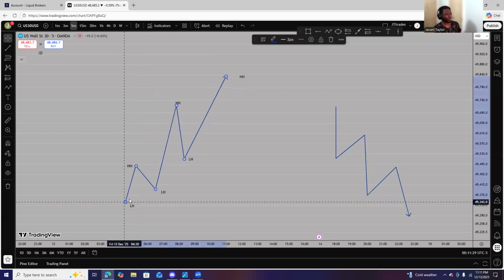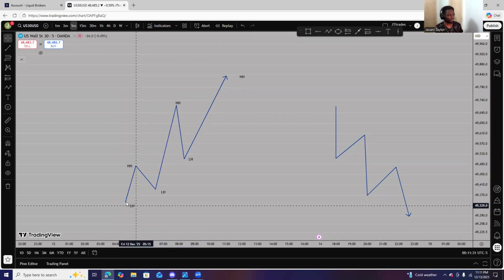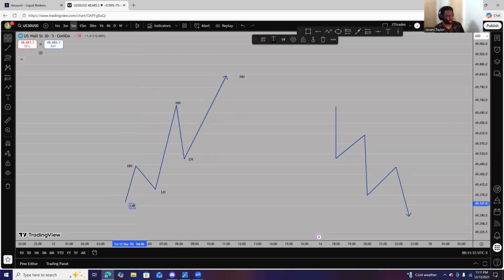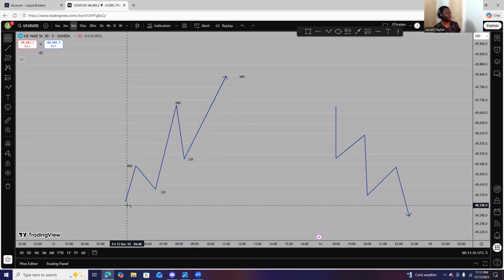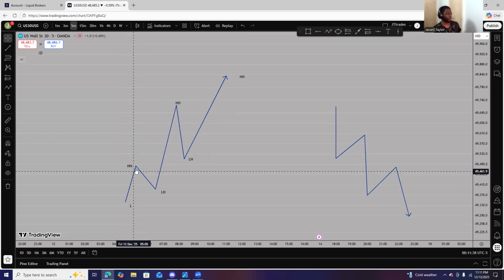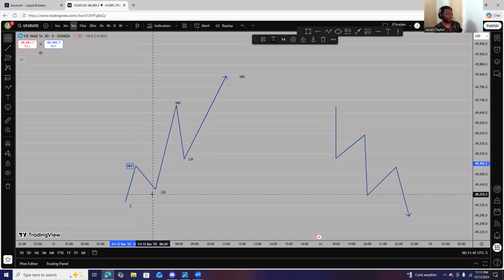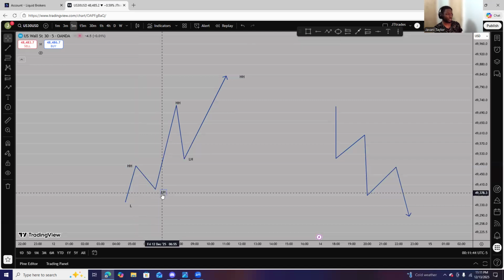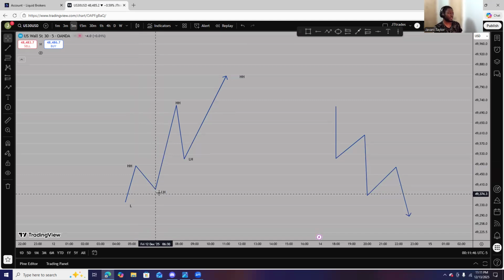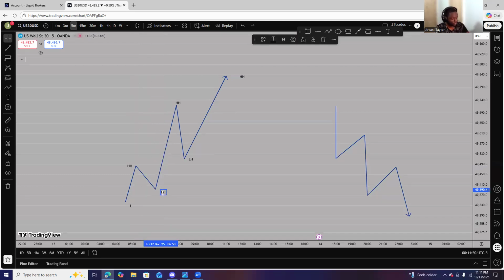So we have, let's move the start from here. We have a low, then the market pushes up, we create a high. Then the market pulls back, we create a lower high because this is higher. Oh shoot, what am I talking about?